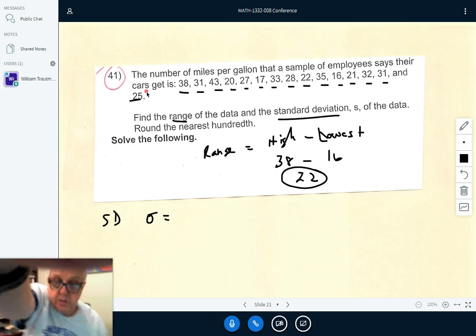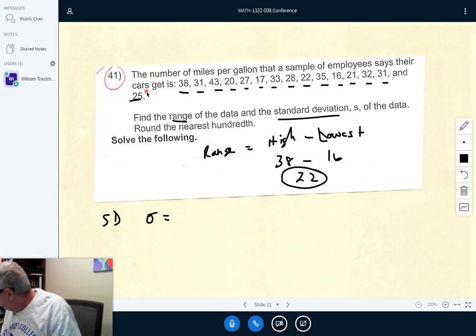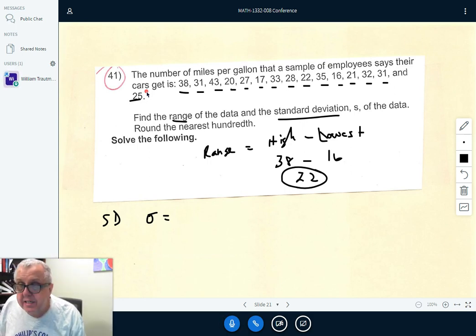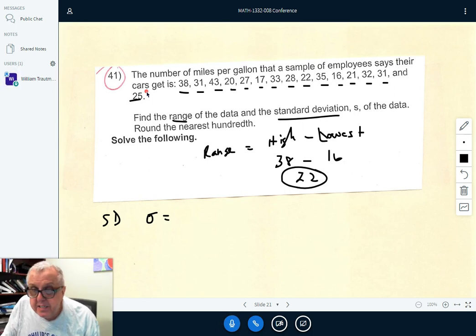If I typed it in correctly. Let's see if I typed it in correctly, because I'm getting a different answer here. I think I did something wrong. My highest piece of data was 43 and my lowest was 16.